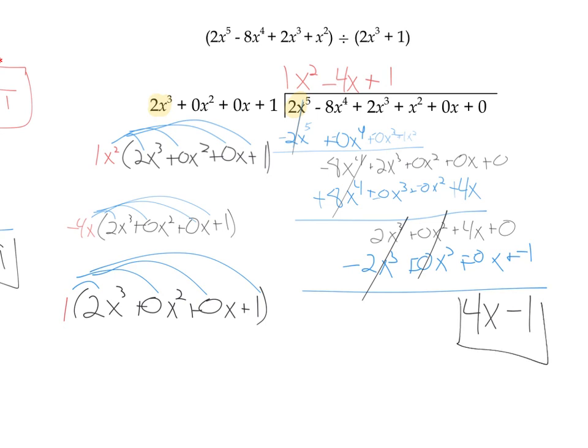Another way you can tell if it's your remainder is that your remainder will always come immediately after your linear term of the quotient. So the remainder will always come immediately after, in this case, our constant term was a 1. When you do this, your answer will be written in standard form, where the exponents go from high to low, descending order.